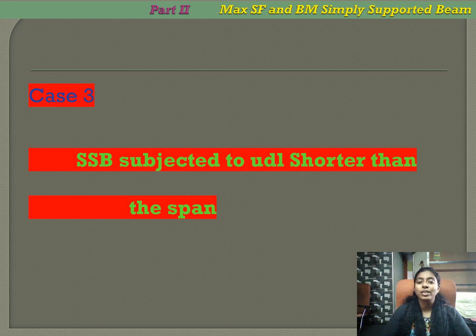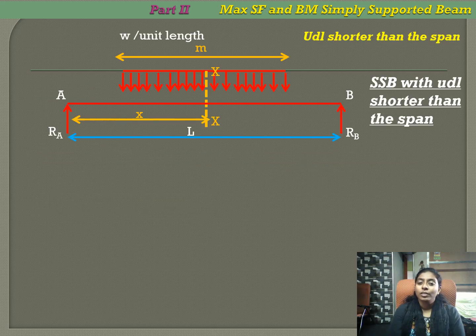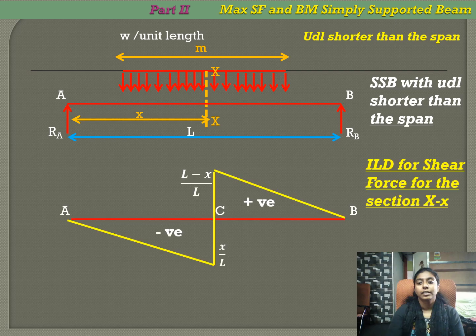Case 3 is a simply supported beam subjected to UDL shorter than the span. So, the UDL is shorter than the span. We take the length of the UDL as M. This is the influence line diagram for the shear force.